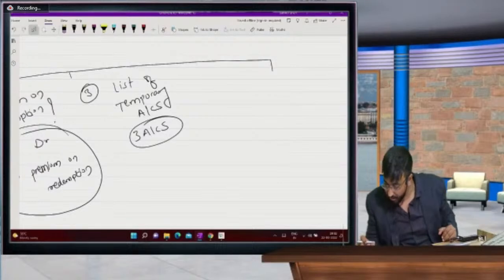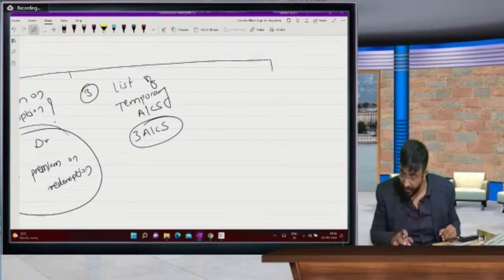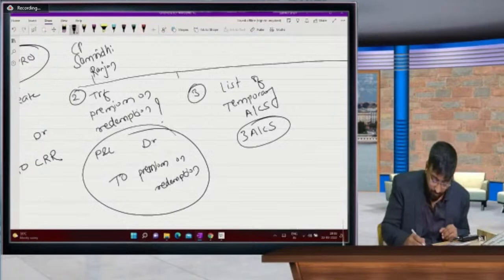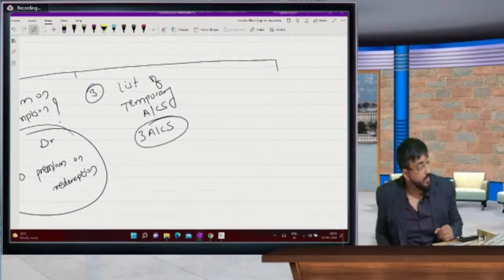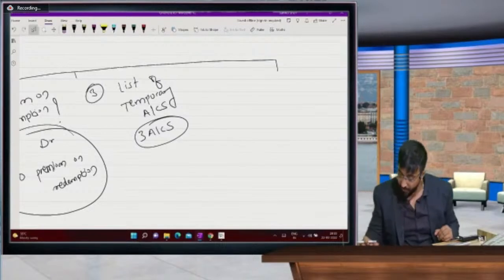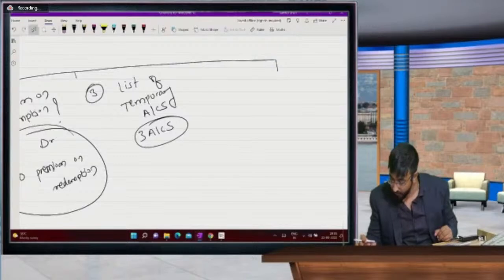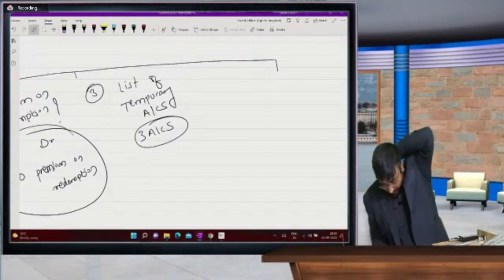समृद्धि रंजन कहां से थी? CRO ने बाजी मारी. Very good. List of temporary accounts. Very good. रिया जायसवाल ने रॉन्ग एंट्री लिखी है.